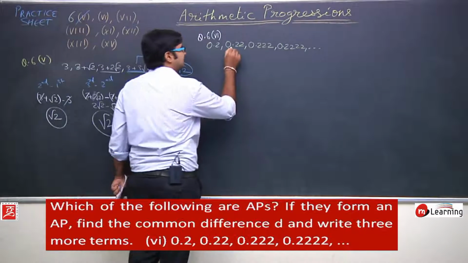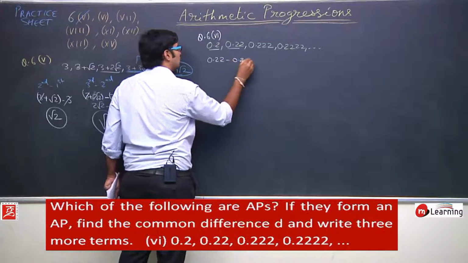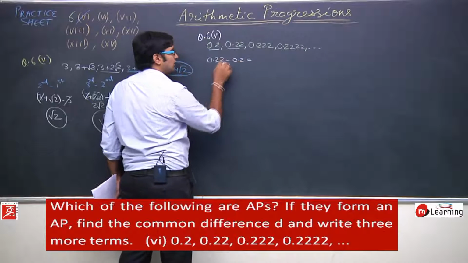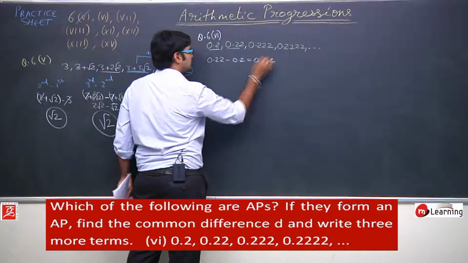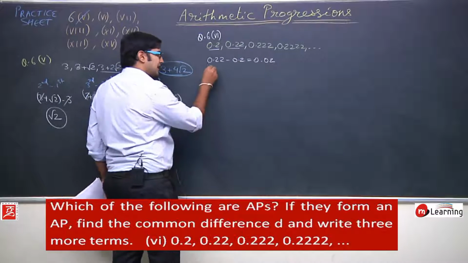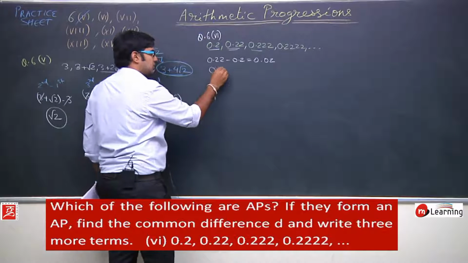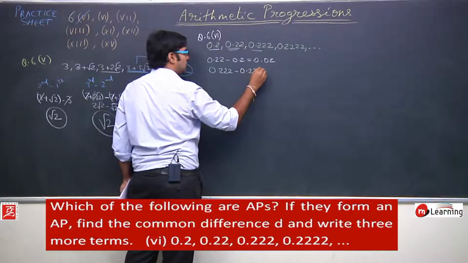What I am going to do is second term minus first term. So, 0.22 minus 0.2, how much will it be? The 0.2 will get cancelled, and it will give you 0.02. Then third term minus second term: third term is 0.222 minus second term 0.22.